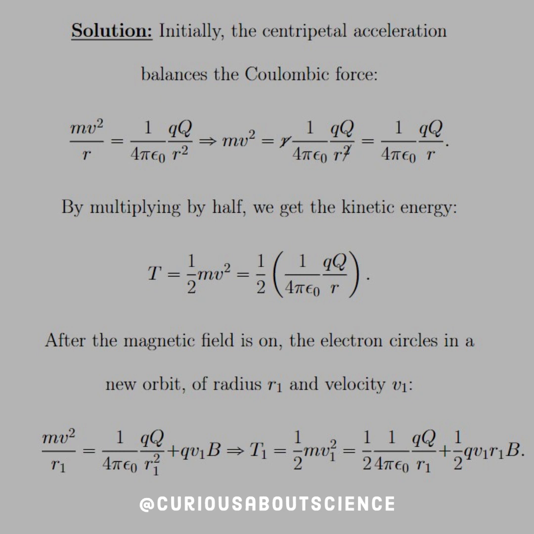The reason we solve for mv squared is that multiplying by half gives us the kinetic energy. So T is equal to 1/2 mv squared, which is equal to 1/2 times 1 over 4 pi epsilon naught, q Q over r.